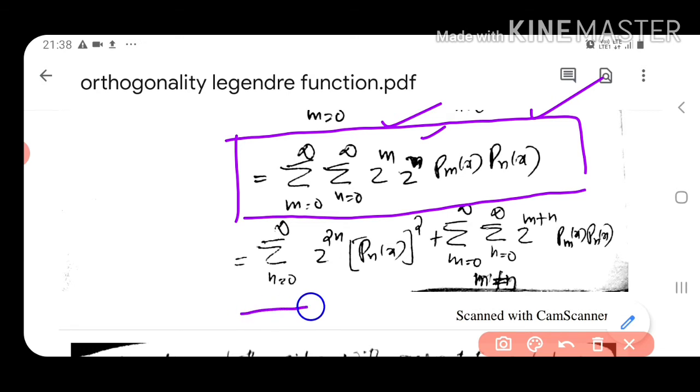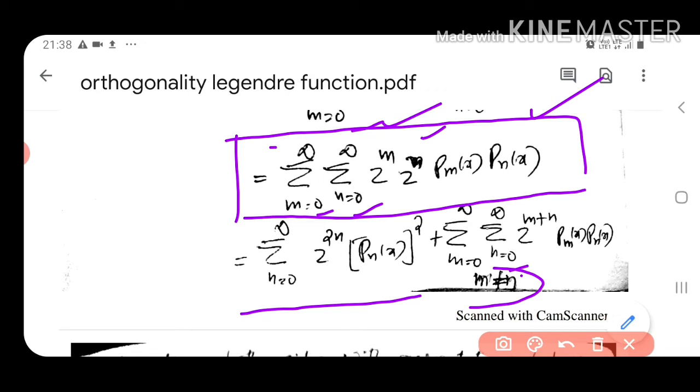This is sigma n equal to 0 to infinity z raised to 2n Pn of x square plus sigma m equal to 0 to infinity, sigma n equal to 0 to infinity, m not equal to n. So actually here m has to vary from 0 to infinity, n has to vary from 0 to infinity.